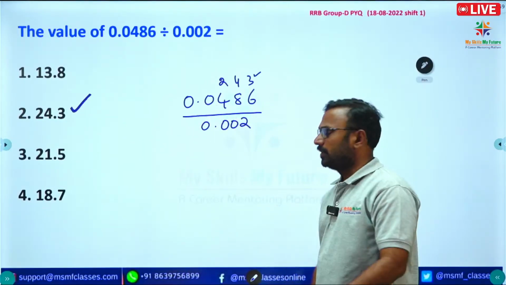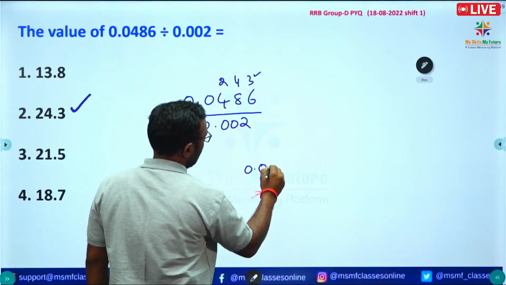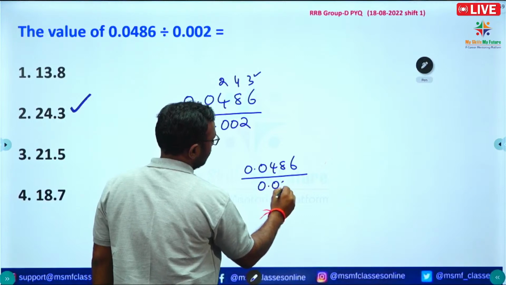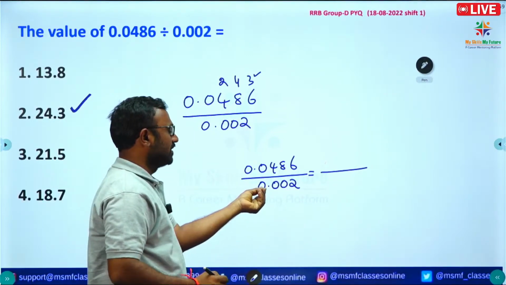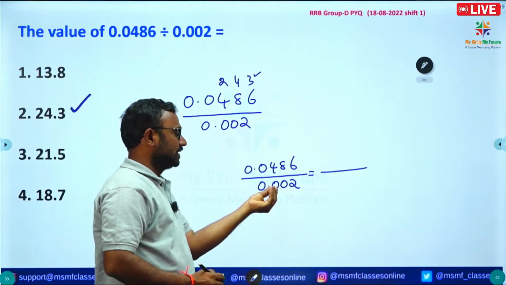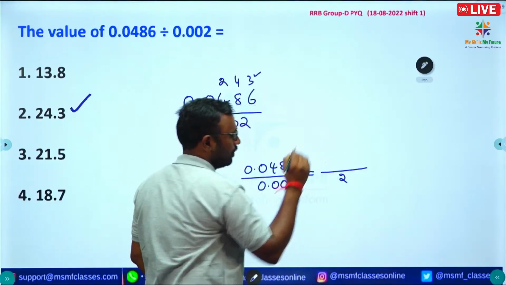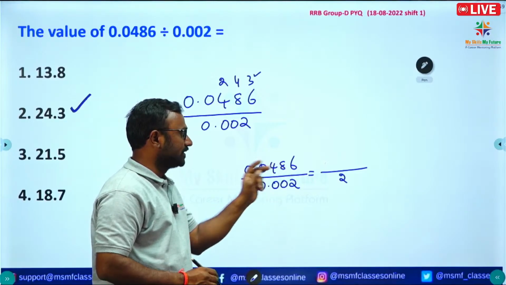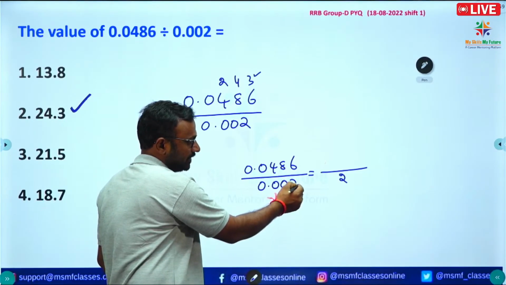Or we can do it manually. See, 0.0486 divided by 0.002. In the denominator we have 3 digits after the decimal point. Just remove the decimal point, I am writing 2. Here also shift this decimal point after 3 digits, because we are shifting the decimal point in the denominator by 3 digits.